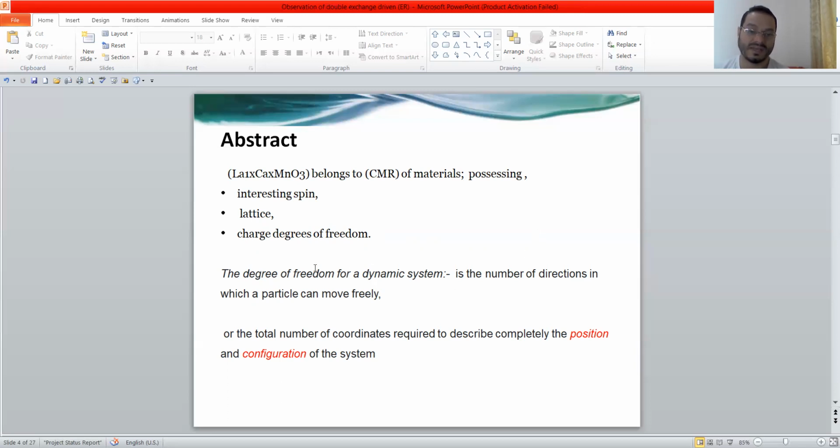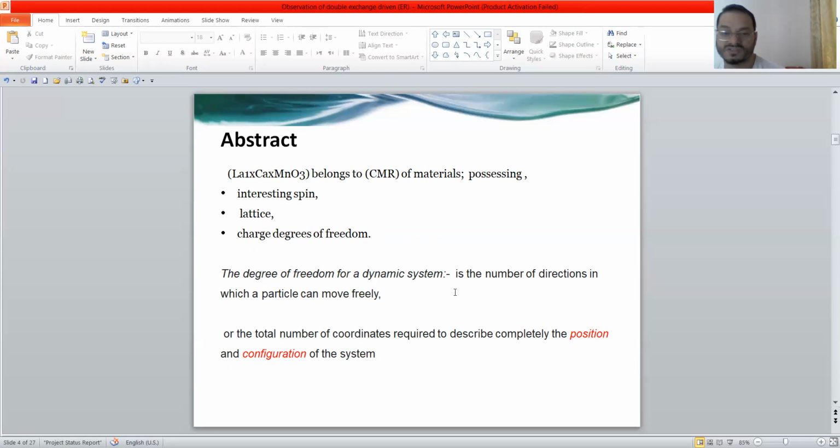We can summarize a charge degree of freedom by these few words: it's the number of directions in which a particle can move freely, or the total number of coordinates required to describe completely the position and configuration of the system. That means it focuses on two important corners.